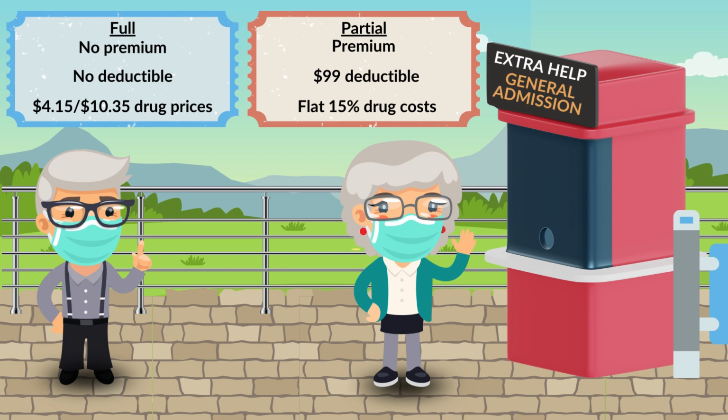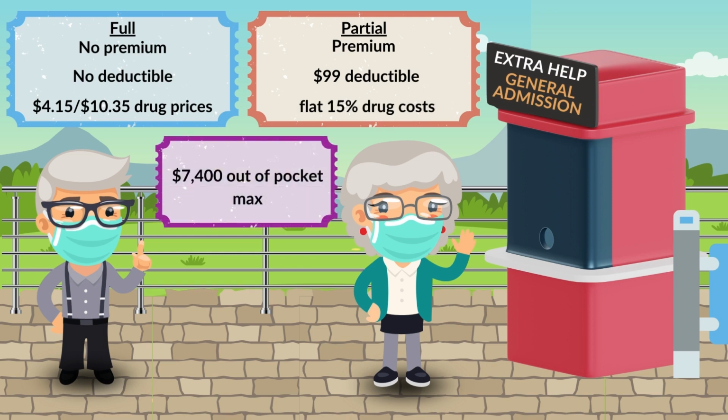Another benefit of Extra Help is the waiver for any potential Part D late enrollment penalties. Beneficiaries who had credible drug coverage available but did not take it can be subject to late enrollment penalties, but qualifying for Extra Help waives those.